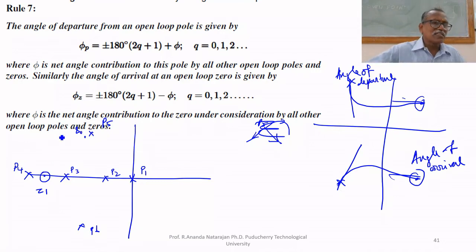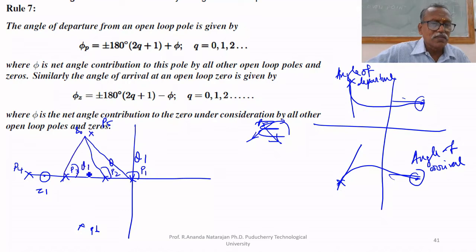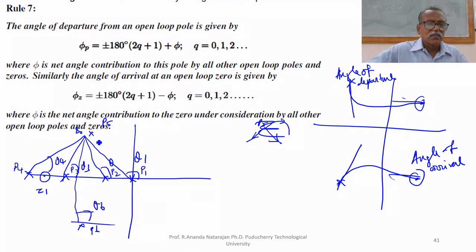So if S0 is on the root locus, we have to find the angles with P1, that is theta 1, with P2, theta 2, with P3, theta 3, with P4, theta 4, with P6, theta 6. This angle is theta 5.